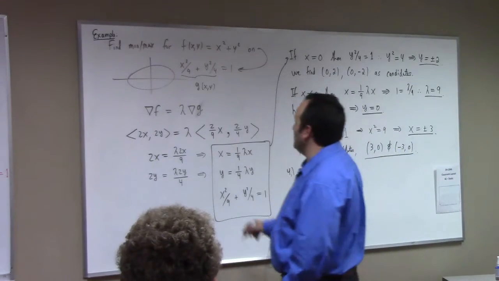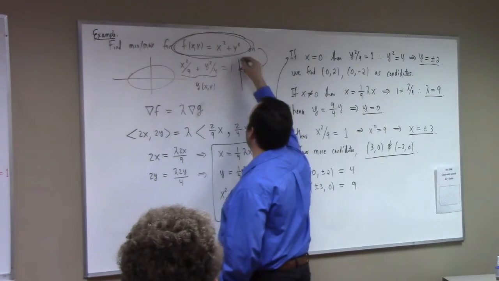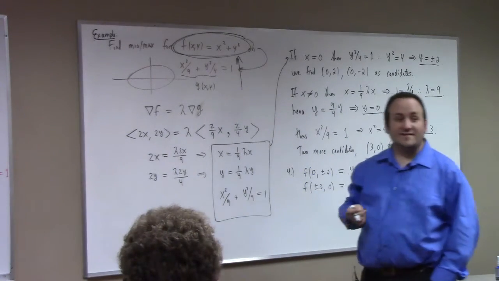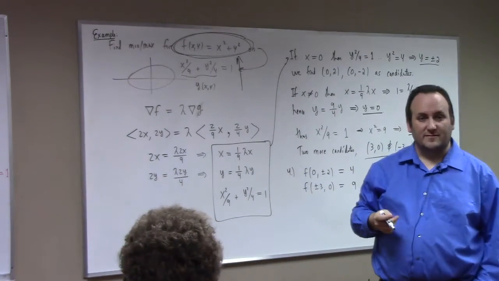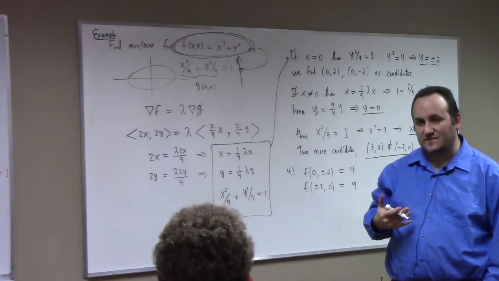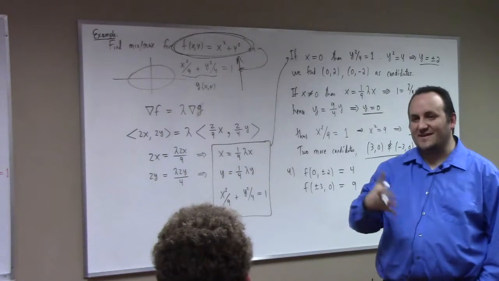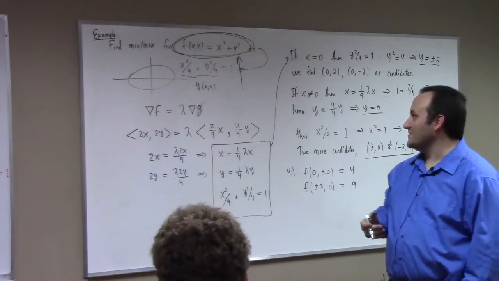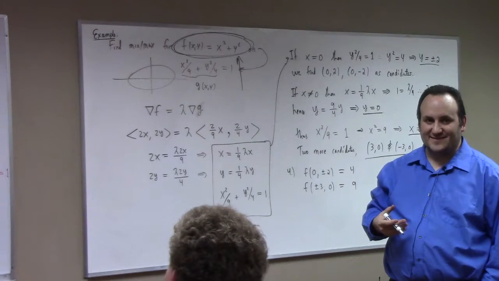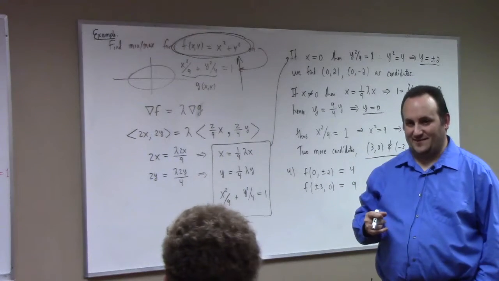What is my objective function? Geometrically, what is that? What is the function f of x, y equals x squared plus y squared as it relates to the geometry of the plane? Setting it equal to a constant is a circle, but what is x squared plus y squared as it relates to the geometry of the plane? I give you x comma y.